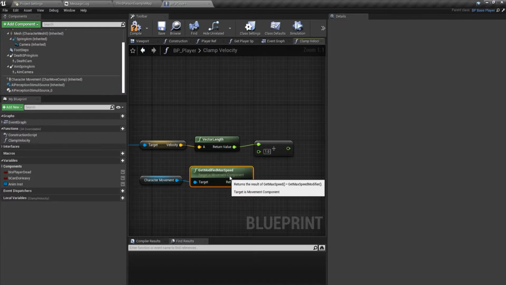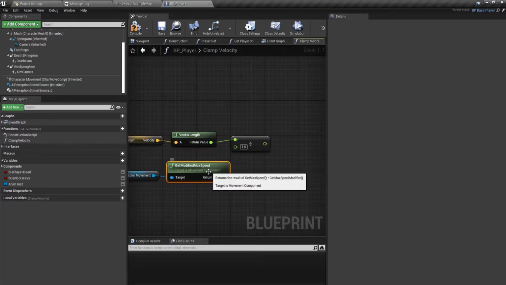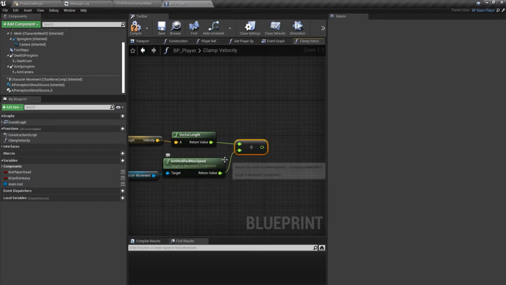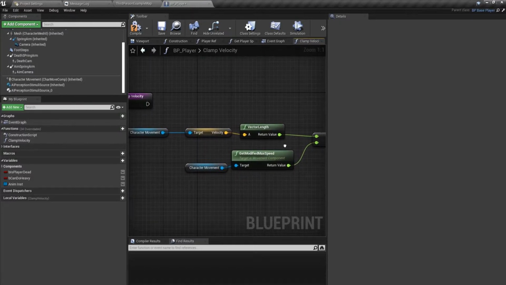So you can use that with the get modified max speed function. When we're sprinting, it would be 600, so accordingly it will get that value instead of the 300 itself.